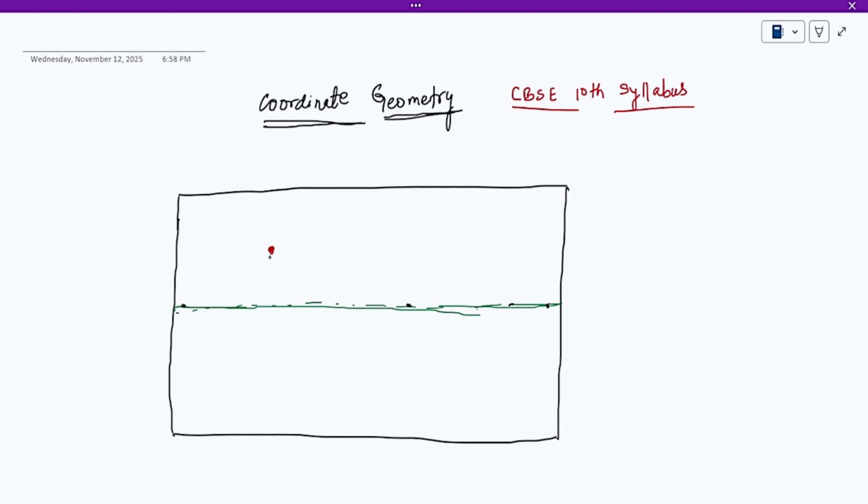If someone tells us that this point is at a distance of 5 units from this green reference line, it could be from this point, or this point, or this point. We are not sure. To avoid that confusion, we take one more line which intersects the previous line, so we now have a reference.